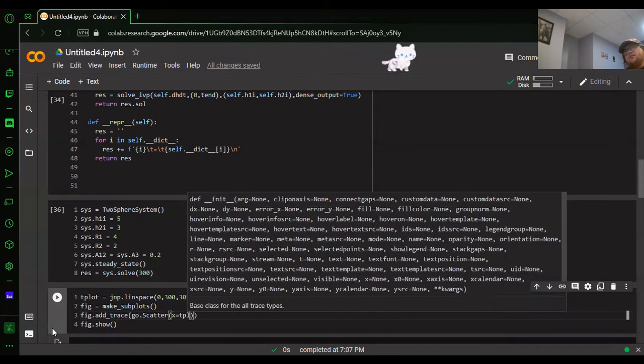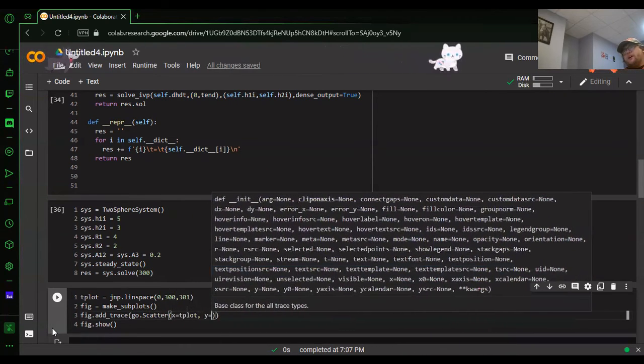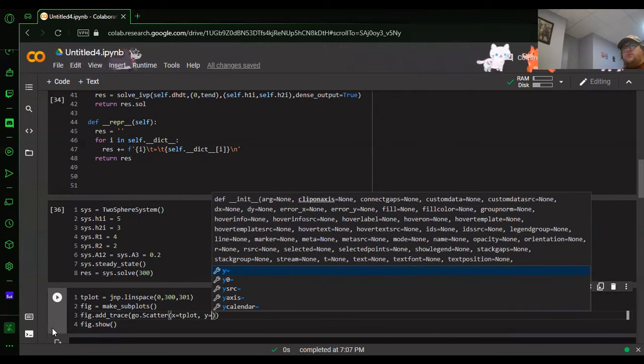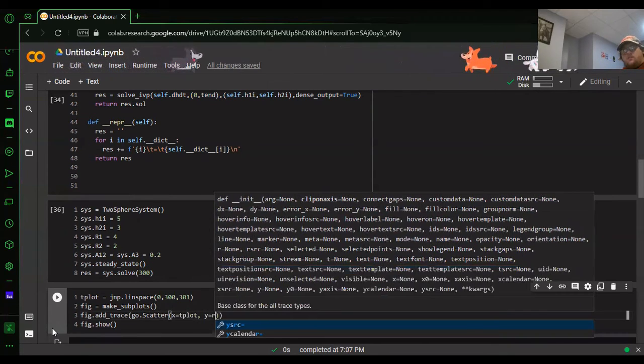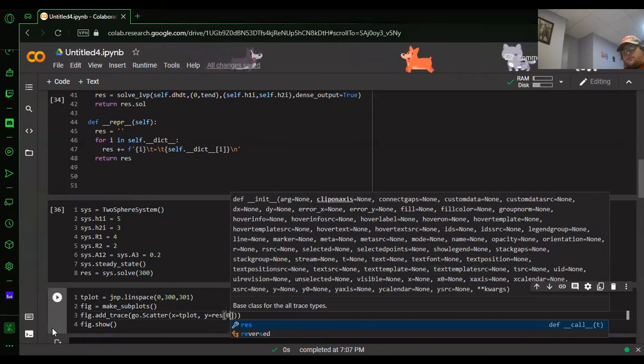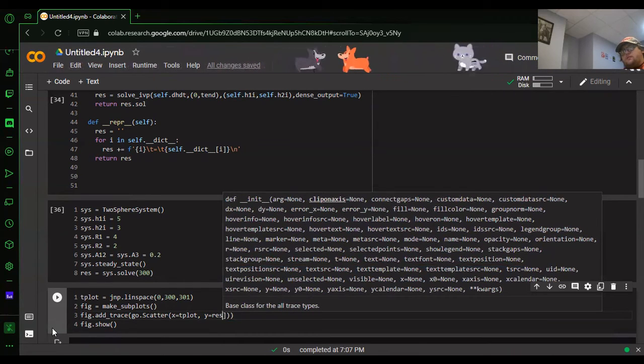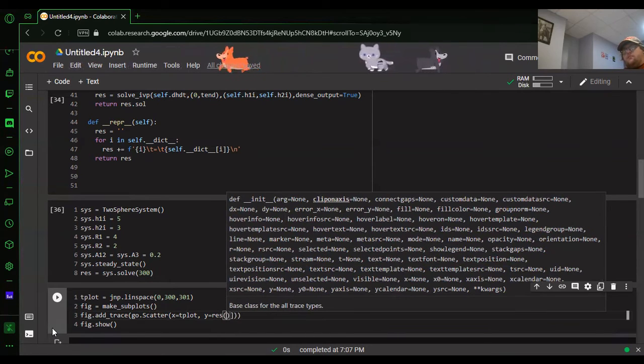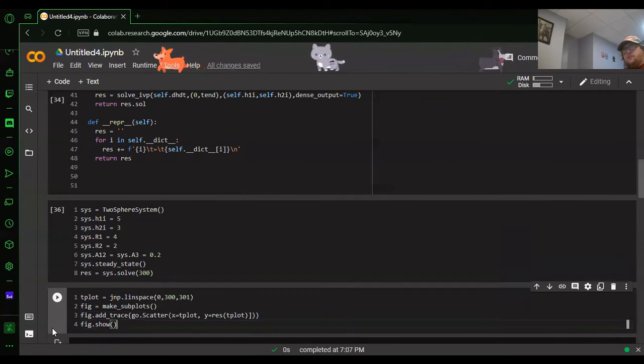Our x is going to be equal to t plot. Our y is going to be equal to, no, our res t plot 0.